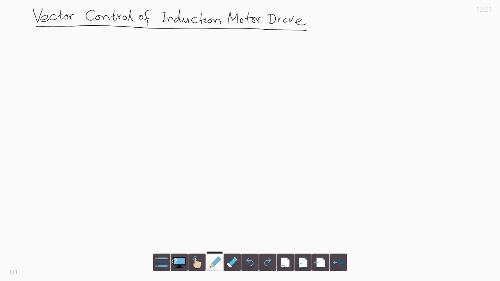So, let us understand how the vector control induction motor drive can give the performance of a separately excited DC motor drive. First we will go to the DC motor drive analogy.